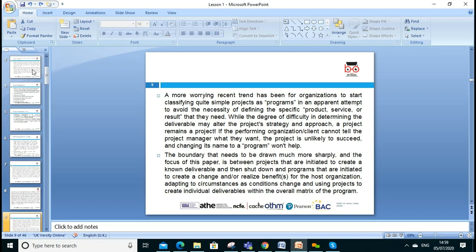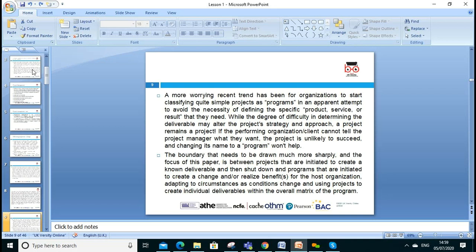Okay, a more worrying recent trend has been organizations starting to classify quite simple projects as programs, apparently in an attempt to avoid having to define the specific products, services or results they need. Whatever the degree of difficulty, it is determined by delivering, and altering the project strategy approach.